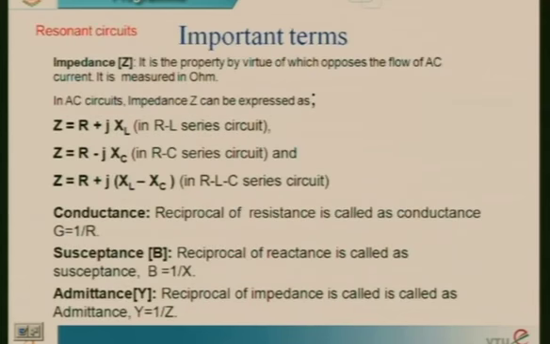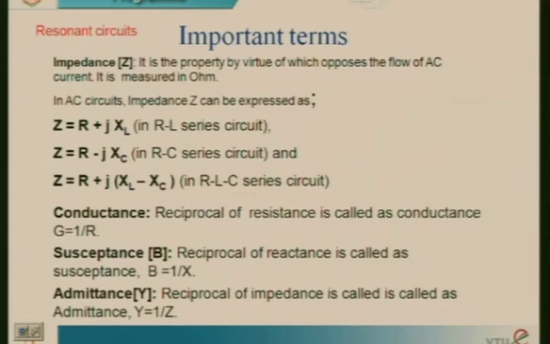Before going to the parallel resonance, let us review some important terms and definitions. I already told you impedance is a property by virtue of which it opposes the flow of AC current, measured in ohms.